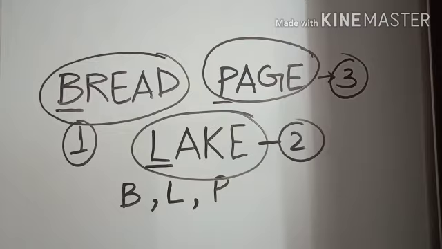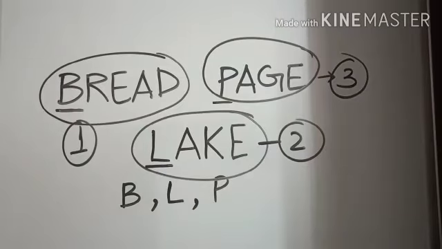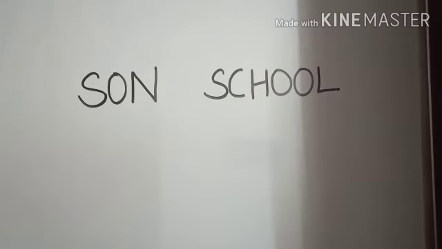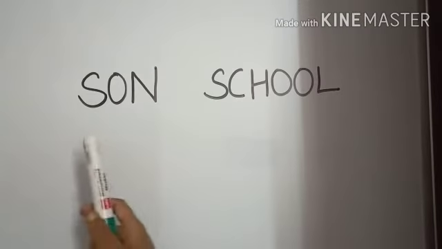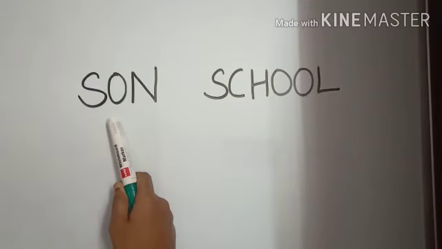So this is the case when we have words which start with different letters. What will you do or how will you tell when you have words which start with the same letter? Let's see. Now children, look at these two words. The first word is sun.